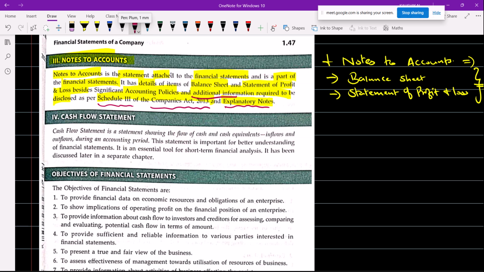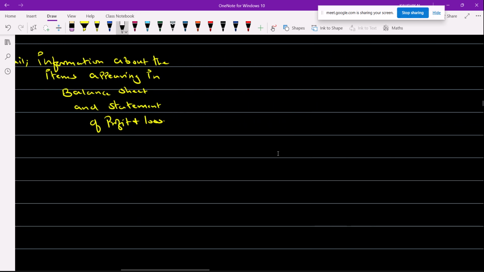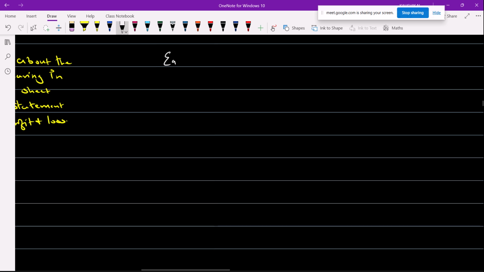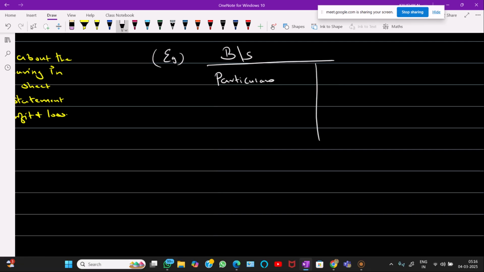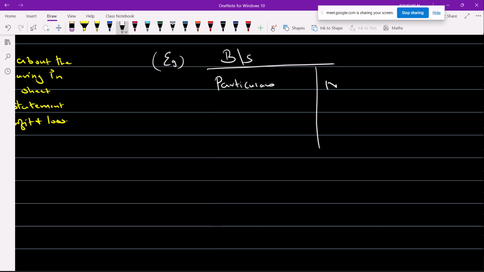Let me give you an example. In the balance sheet you would have seen, under the column of particulars, there was a head called note number.